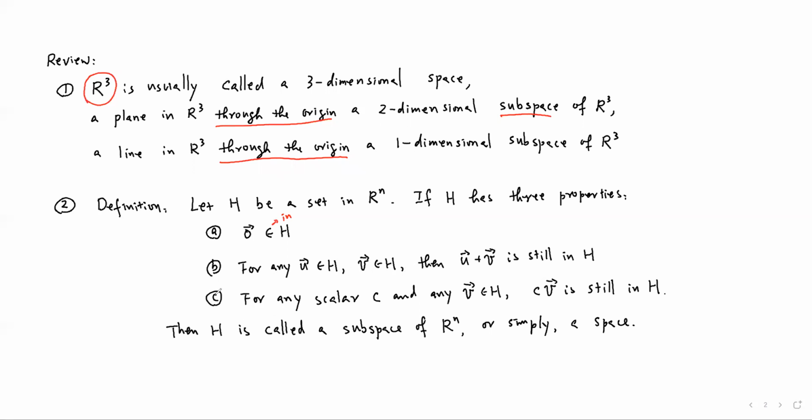Now, property C. Arbitrarily pick a scalar, arbitrarily pick a vector, and let's see if C times the vector is still in H or not.